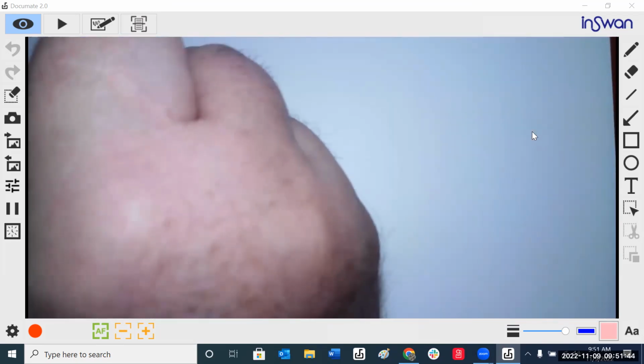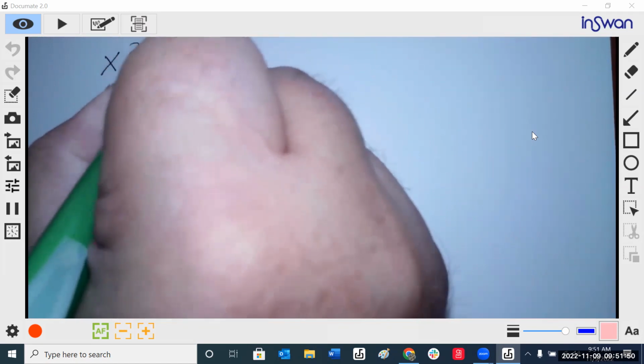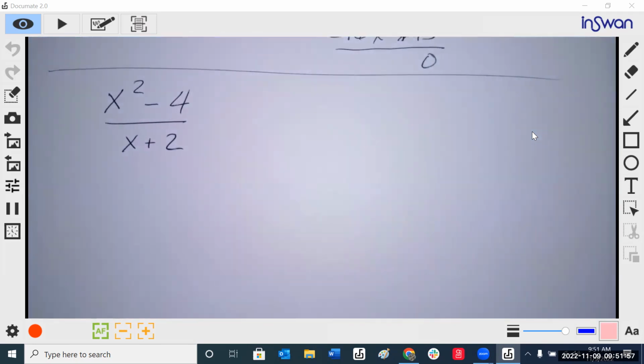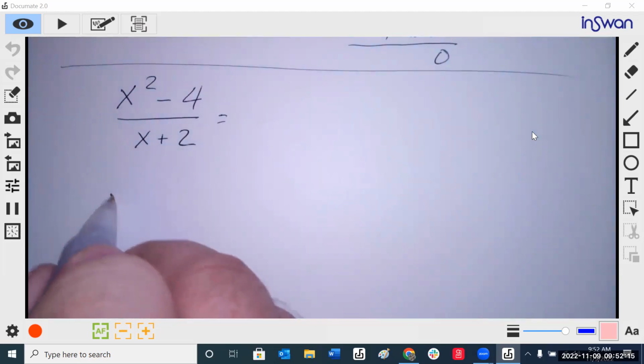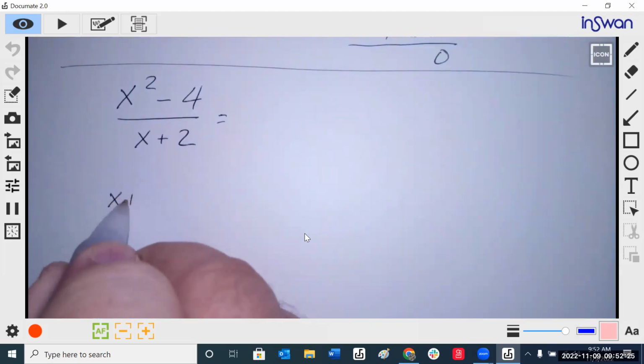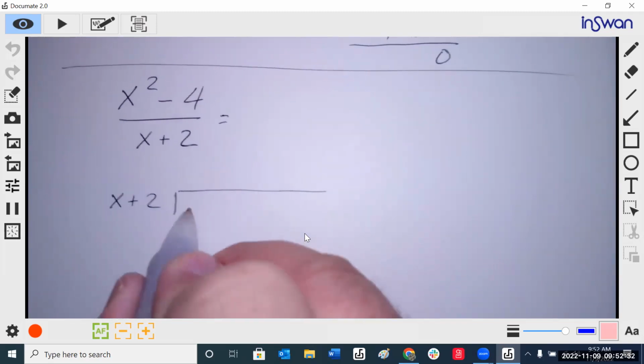How about this one? So I have x plus 2. What's missing in my numerator?